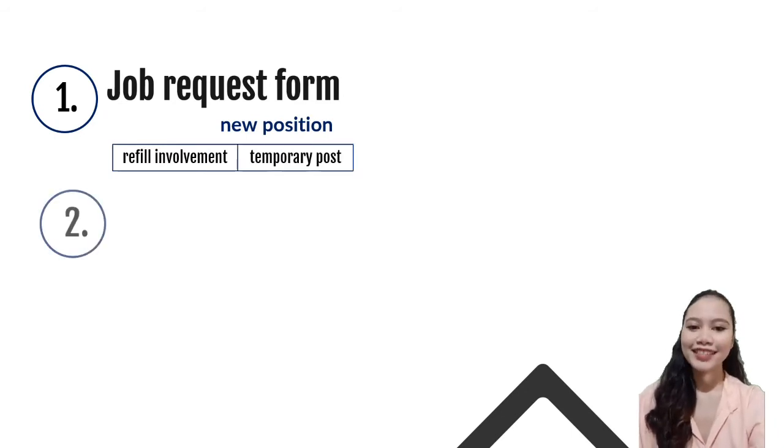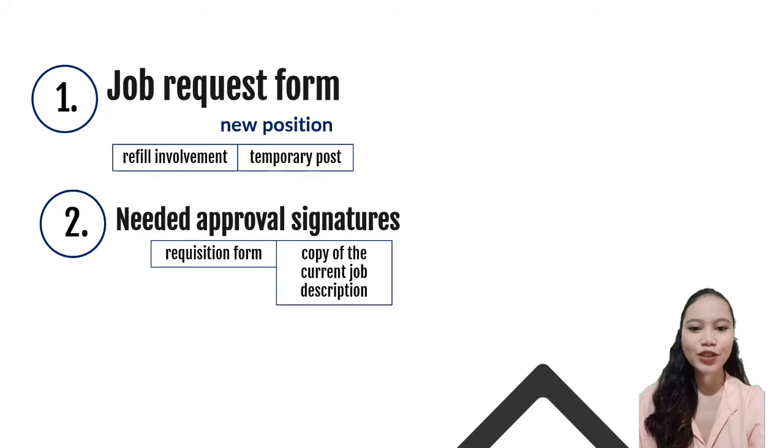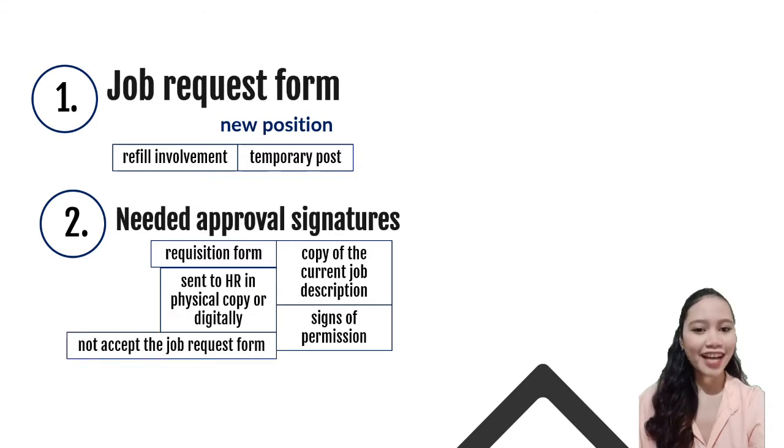Once all needed approval signatures have been acquired, the completed requisition form, together with a copy of the current job description, must be sent to HR in physical copy or digitally. Without all signs of permission, HR will not accept the job request form.